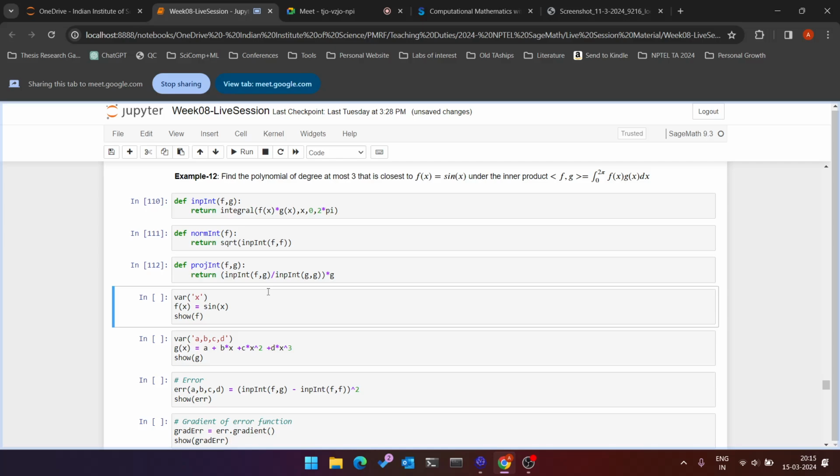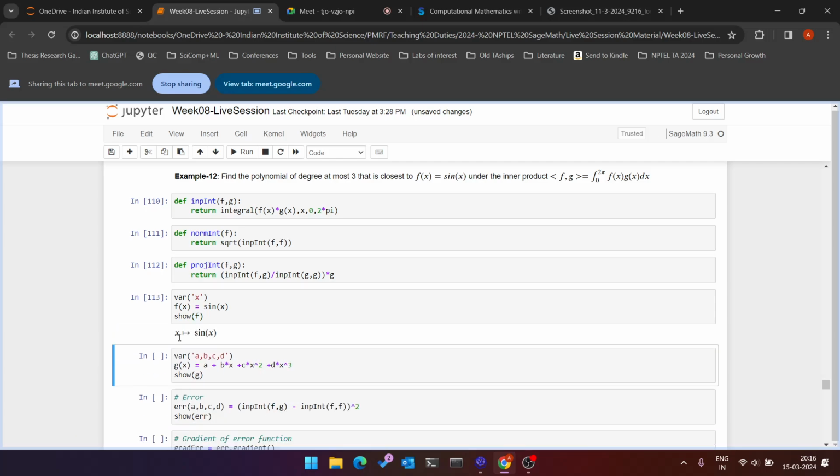The first function that we have is f of x equal to sin x. To define that, same process: define variable x, define f of x as sin of x. We will show f as the map going from x to sin x.